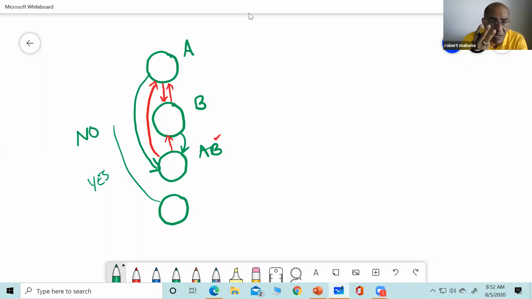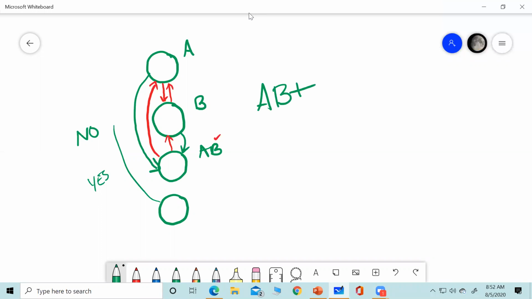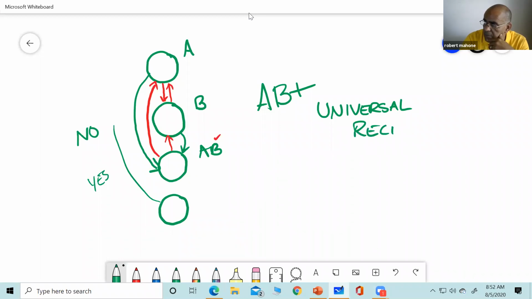So what blood type can receive blood from anybody? AB positive. That person is known as the universal recipient. They can receive blood from anybody.